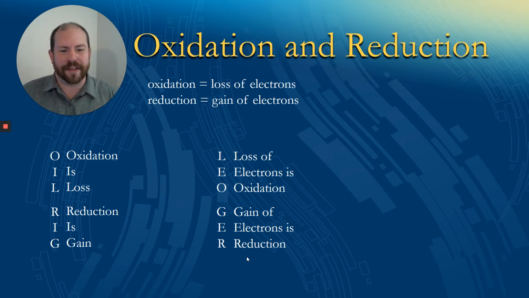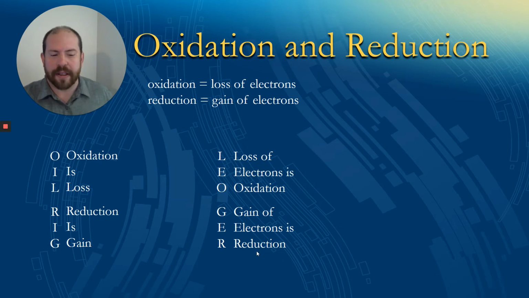They're negatively charged. That means whenever we're gaining electrons, we're actually losing charge, or going down, more negative in charge. So when I think about tabulating charge to determine what's happening, if the charge is going down, then that's reduction because electrons are being gained.